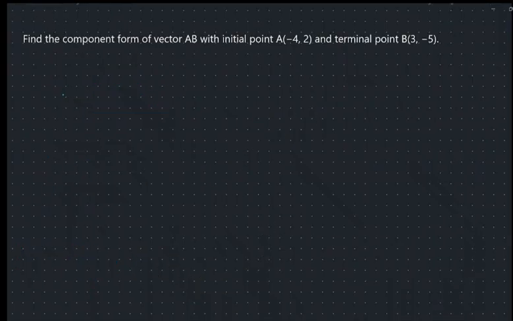Let's start solving questions. Now here, find the component form of vector AB with initial point of -4, 2 and terminal point of B 3 and -5. Now we learned that the component form will look something like this. We'll have x2 minus x1, and we will have y2 minus y1.